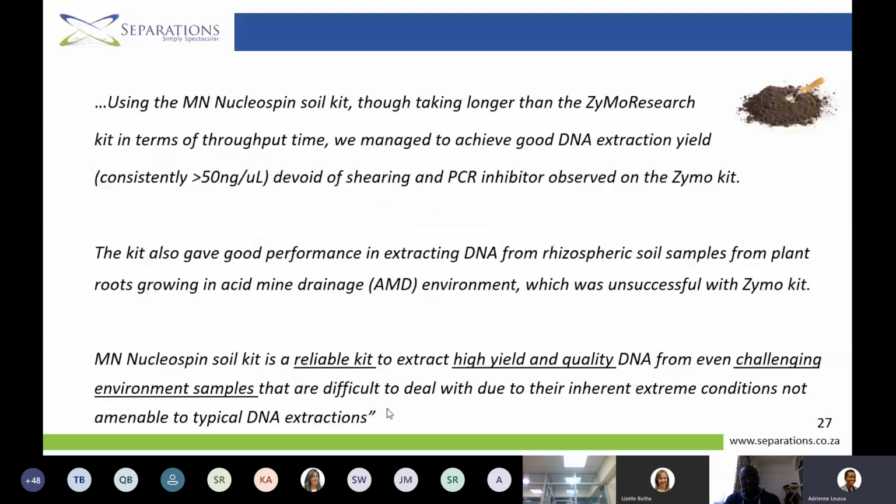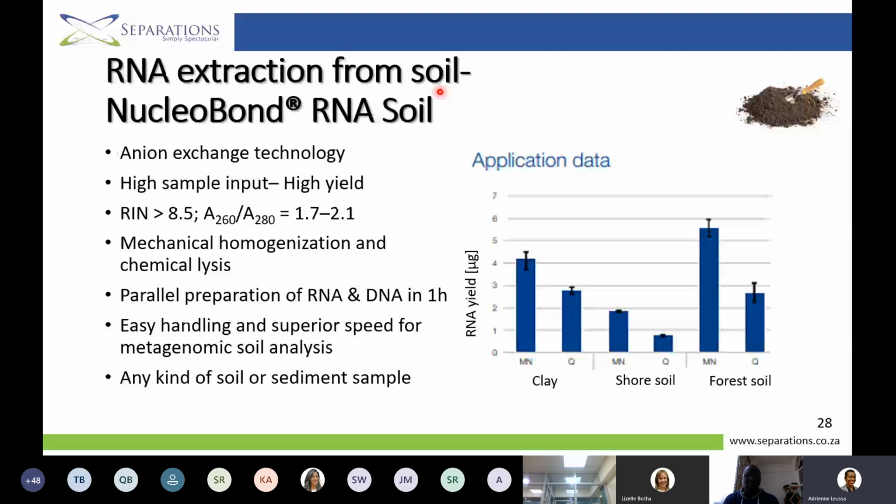For RNA extraction from soil, an alternative technology is employed, just because in your soil, we are aware that the amount of DNA always outweighs the amount of RNA. And so you want to really optimize the yield of your RNA, which is why the kits employ the anion exchange technology as opposed to the silica membrane technology in the previous kit.